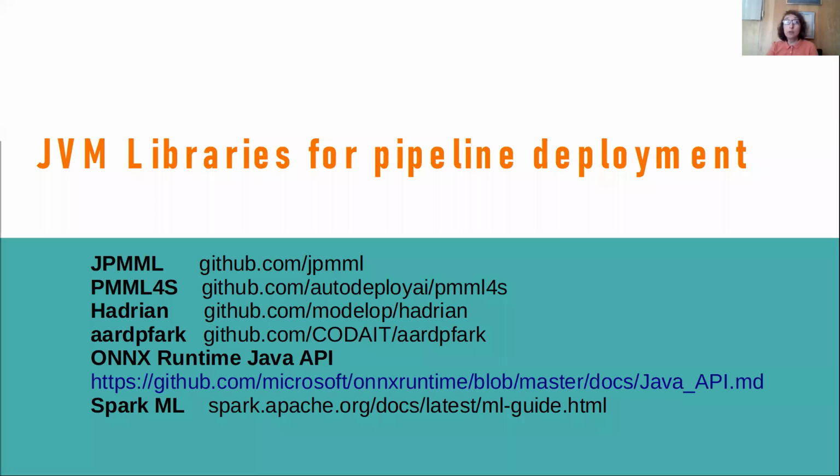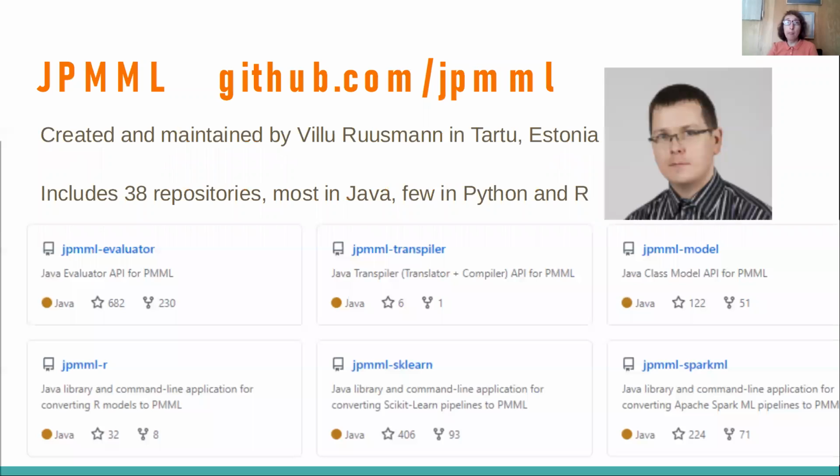So now let's finally get into the libraries for the pipeline deployment, as I promised you. Today we will talk about several of them as listed here. As I mentioned, JPMML is probably the biggest one for PMML. It was created and maintained by Villu Ruusmann, who is in Tartu, Estonia.